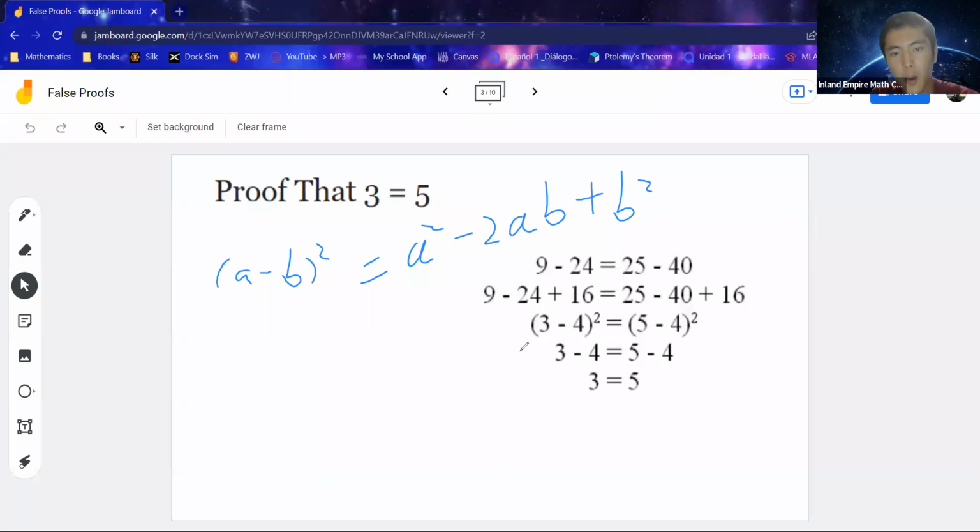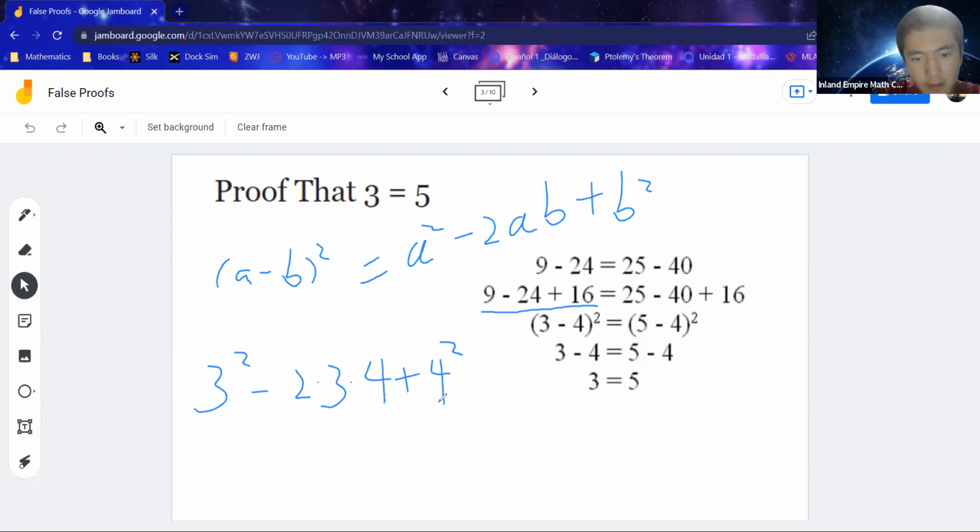All right. So using this factorization, note that 9 minus 24 plus 16 is really 3 squared minus 2 times 3 times 4 plus 4 squared, right?